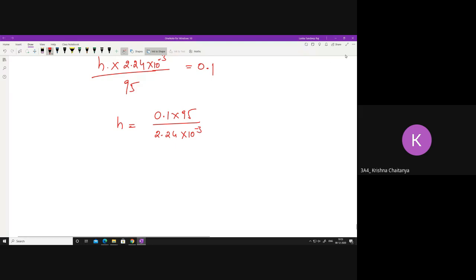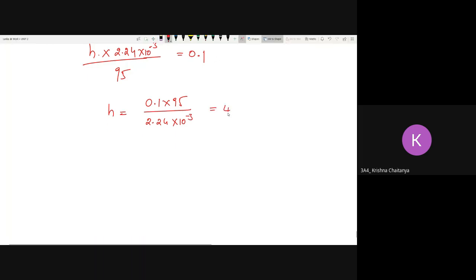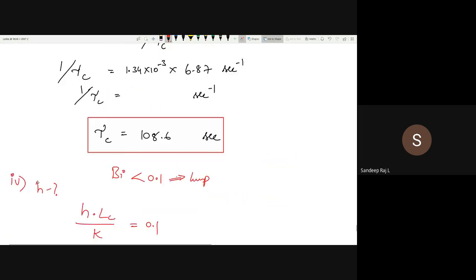Is it 4241? Yes, it is 4241 watt per meter square Kelvin. If the H value crosses beyond this value, you cannot say that it is lumped. If it is less than this, you can call it lumped. So that's the fourth question.